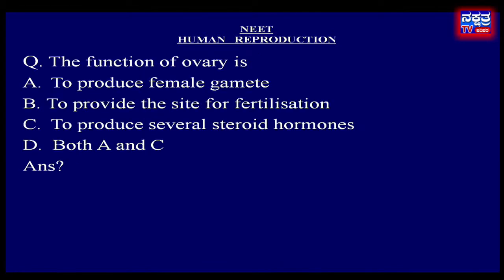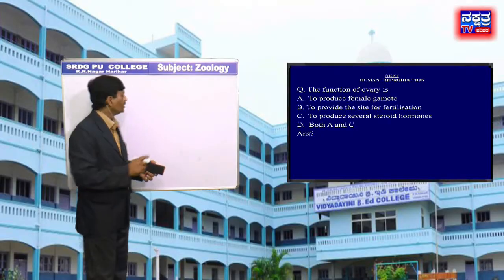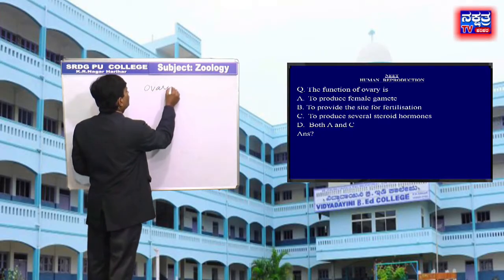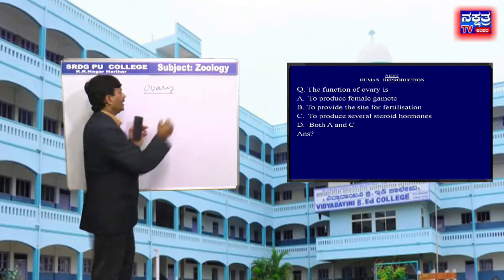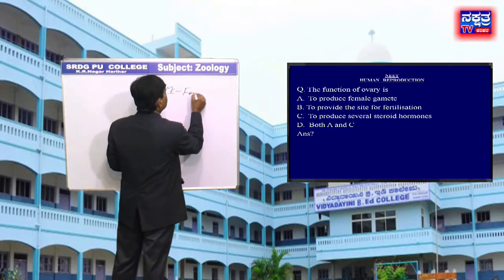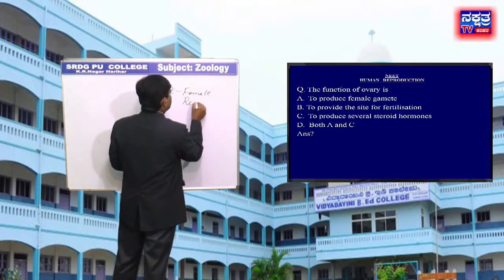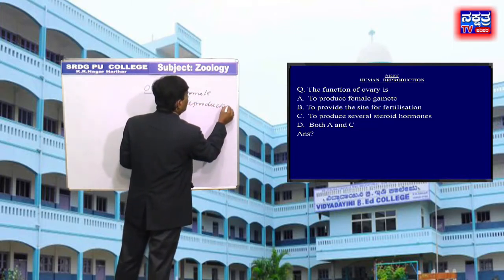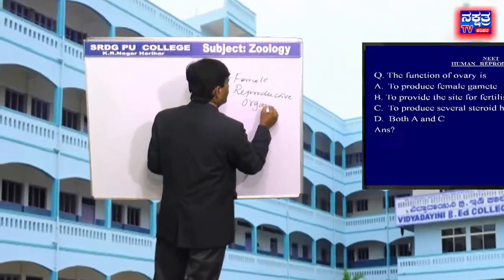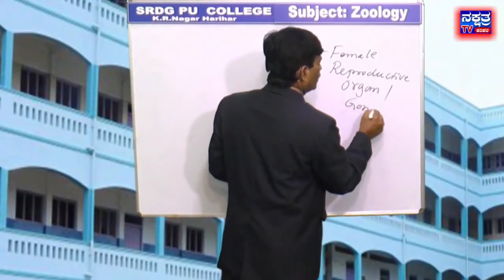Go to next question. The function of ovary is option A, to produce female gamete, B, to provide the site for fertilization, C, to produce several steroid hormones, D, both A and C. In female, ovary is a female reproductive organ, or it is also called gonad.